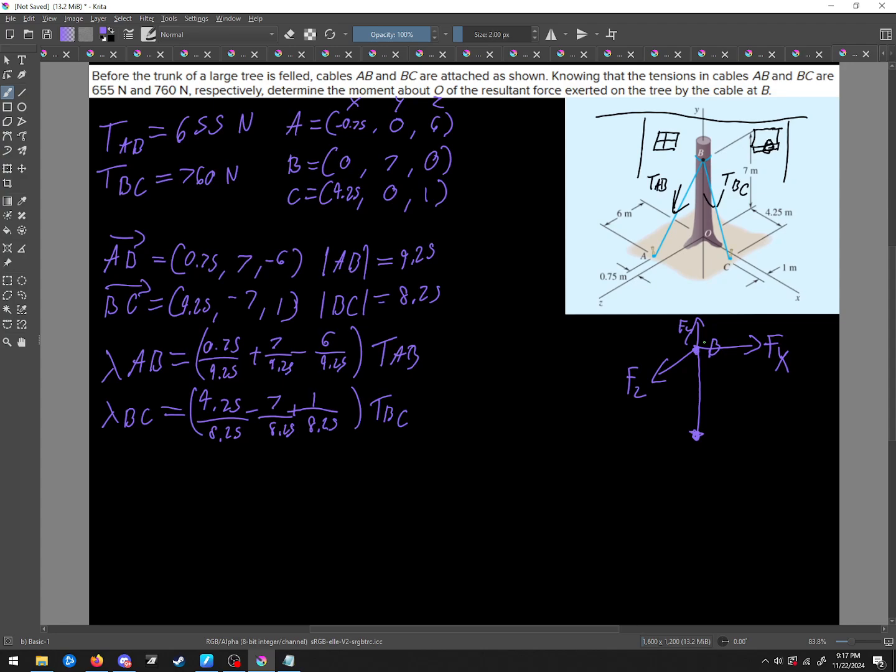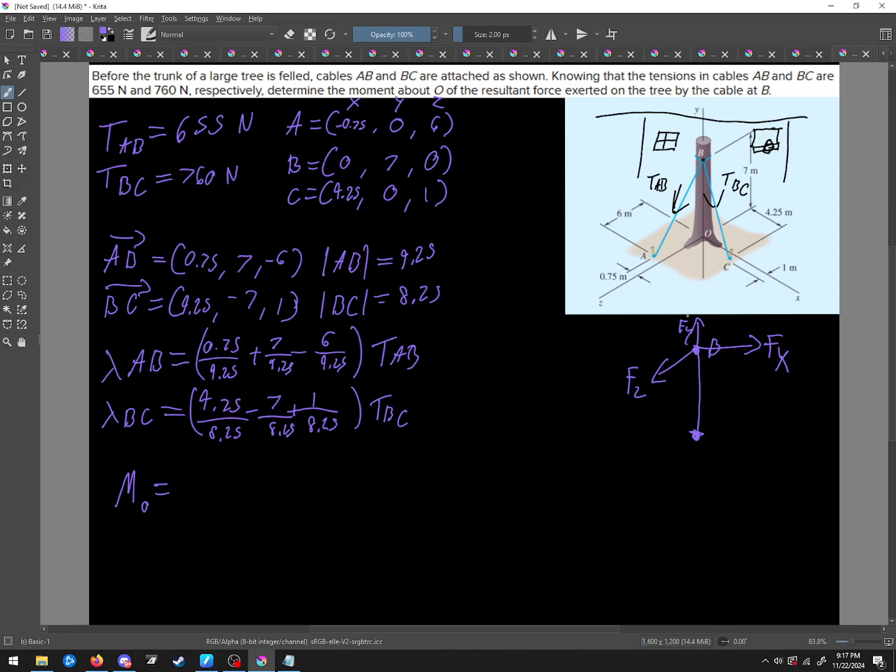Is that as simple as it is? So now what we can do is the moments, the moment about O. Let's see.